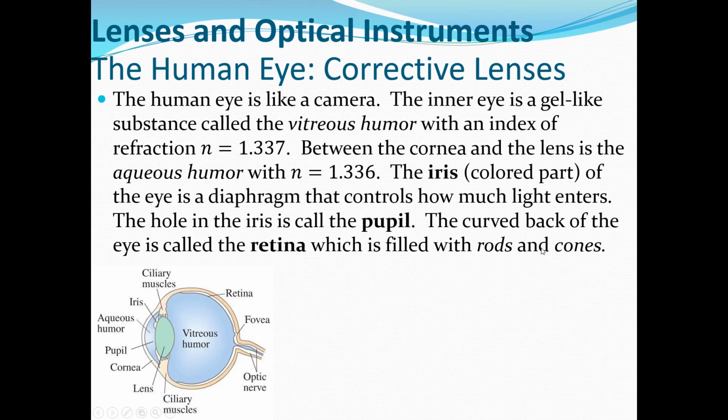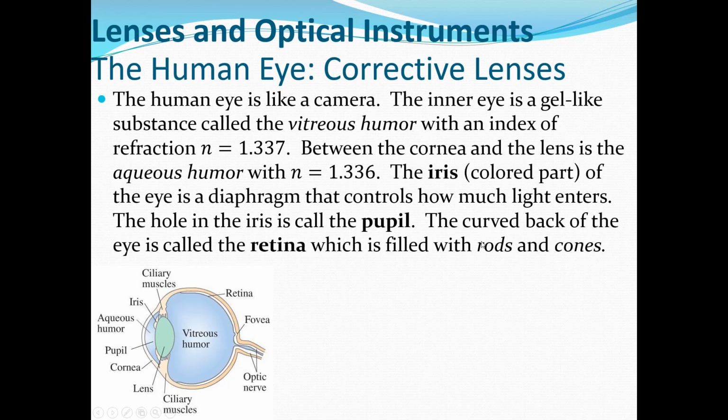Rods and cones, I can't remember which one does what, so I'm just going to guess on here, but one of them controls color. I'm going to say it's the rods control the color, and the cones control the amount of light coming towards the eye. So basically like brightness and darkness and color.